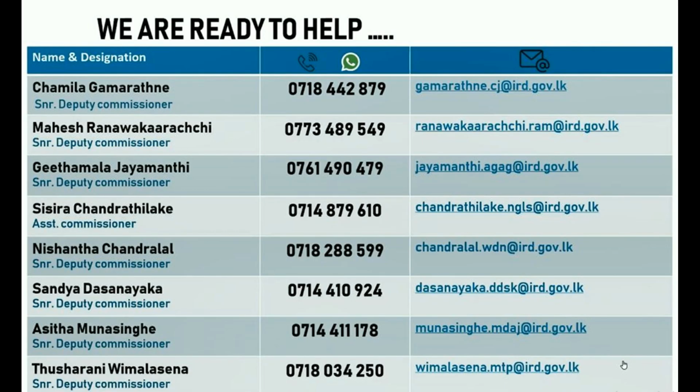Another question: can we give staff authorities to our audit firm to submit the CIT return? Actually, best practice is that the audit firm should take a tax agent registration, right? Then by using this tax agent registration, the audit firm can provide service to their clients. That is good practice.